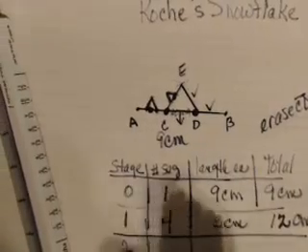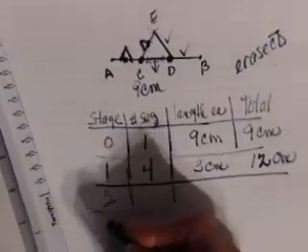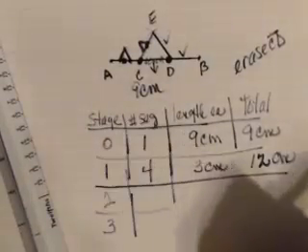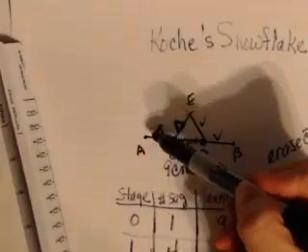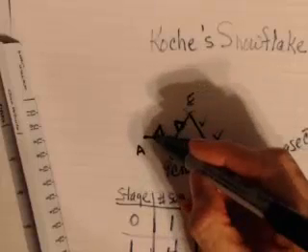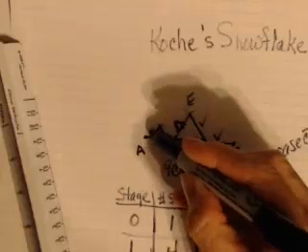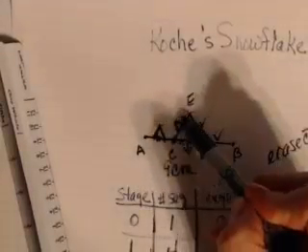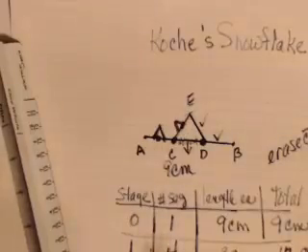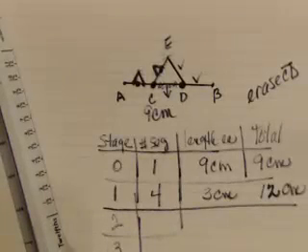Now on your 3rd iteration, it gets a little tough because it gets kind of small, but for every segment that you have to divide it into 3 parts, take out the middle, and make a V. So for every segment that is there, you will make the same process that we did on iteration 1 and iteration 2.